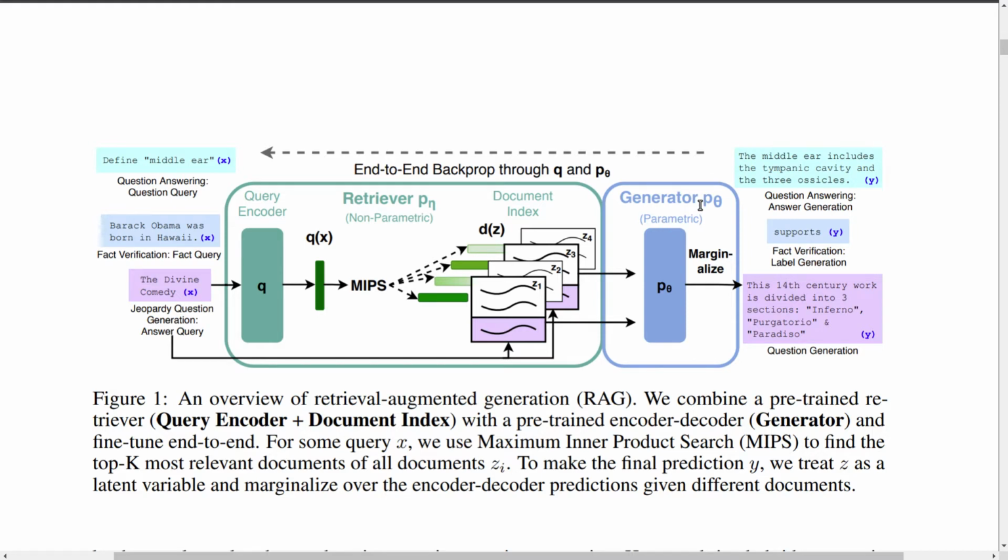So for each token you might be able to access different facts from those articles to support your generation. For example, for the middle ear output here, we have tympanic cavity and 3 ossicles as 2 factual statements, and having access to 2 articles and being able to switch back and forth between them might lead to some benefit during the generation process.